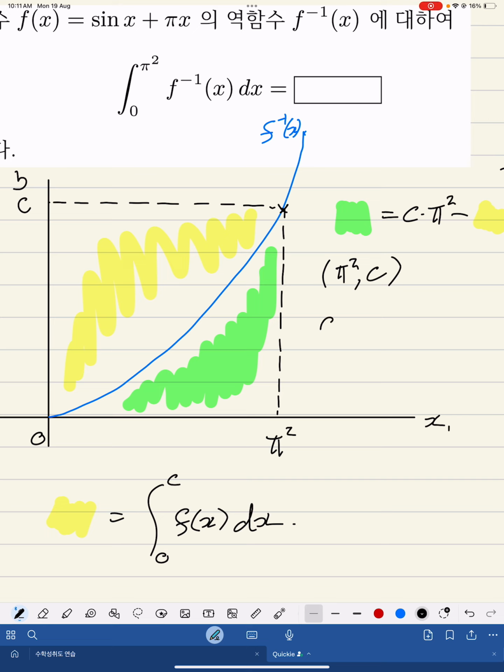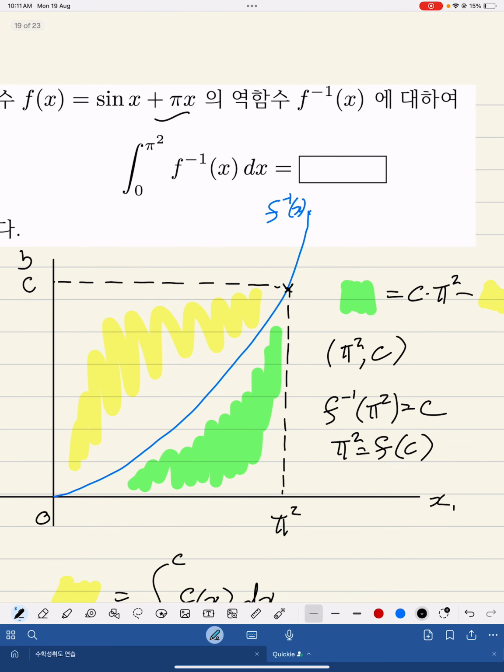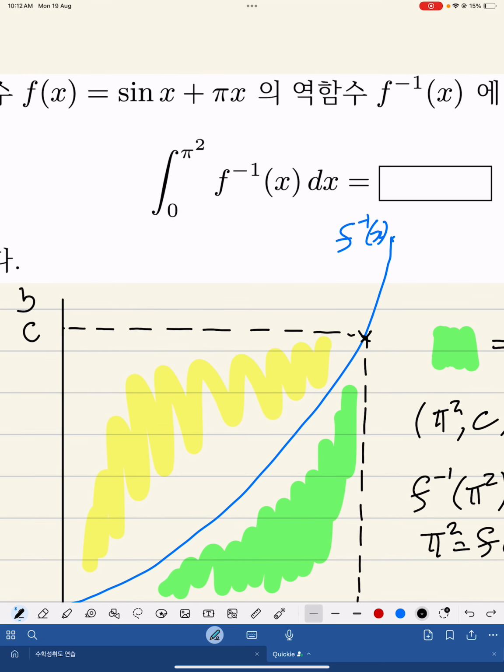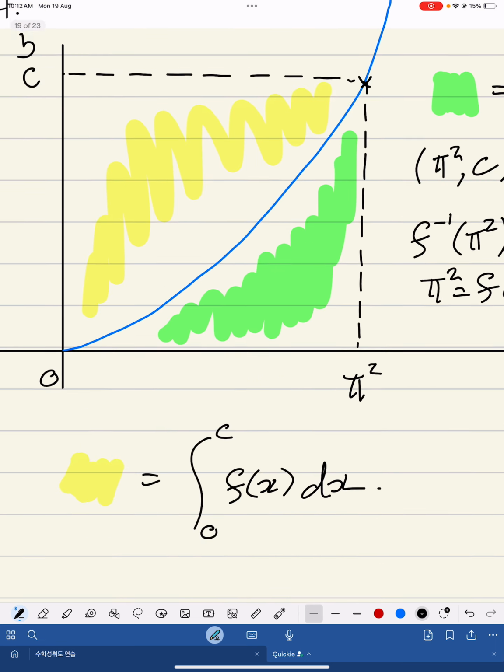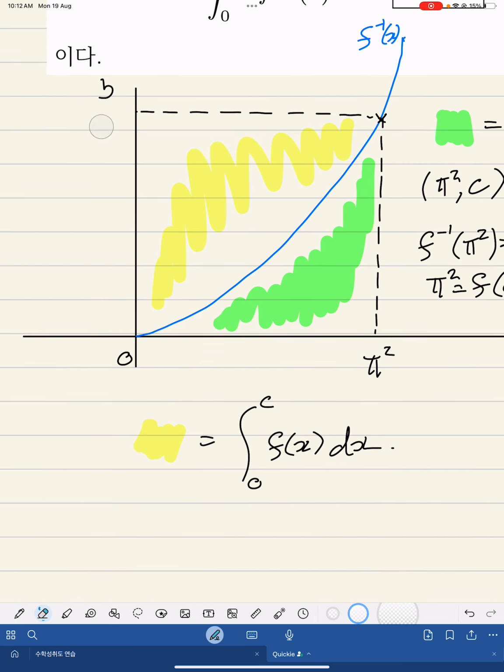So that means f inverse of pi squared is equal to c, but we don't know the inverse, so we can do the same thing and say pi squared is equal to f of c. So what do we have to input into our original function f of x to get pi squared as an answer? Well, here it's a bit obvious. c must be pi, right? Because sine of pi is 0, and pi times pi equals pi squared. So c we found out to be pi.